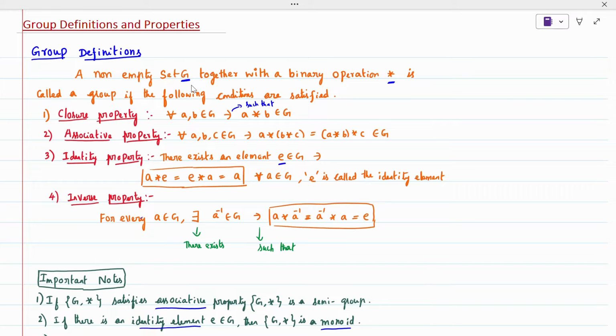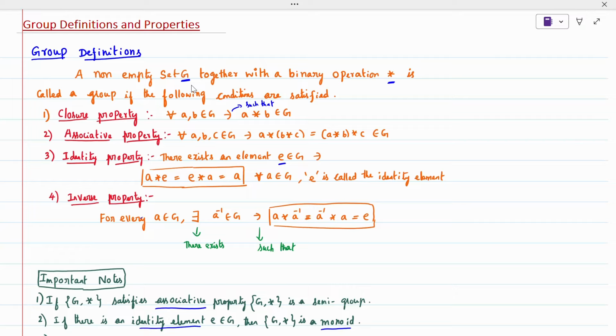Second is the associative property. When we take three elements A, B and C belonging to a group G, A star B star C, associative is nothing but when we change the bracket and write it: A star (B star C). So the first two bracket changes. When both belong to the group G, it's called the associative property.